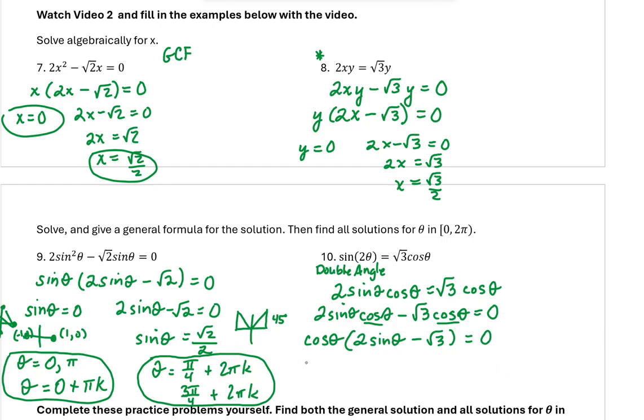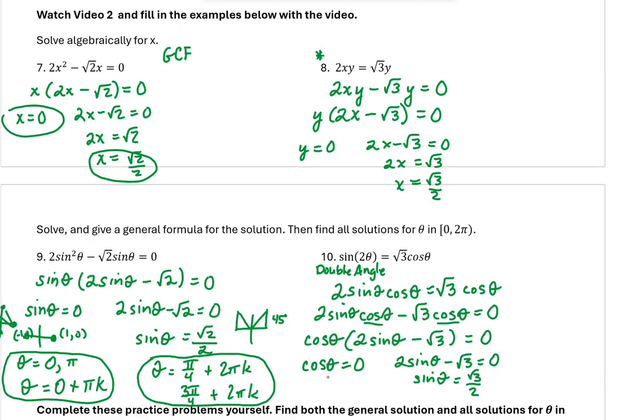Okay. So we set this equal to 0, so cos theta equals 0. And then if I solve this for sine theta, I would add root 3 and divide by 2. So I would get, well, I'll just write it down. 2 sine theta minus square root 3 is equal to 0. So sine theta is equal to root 3 over 2.